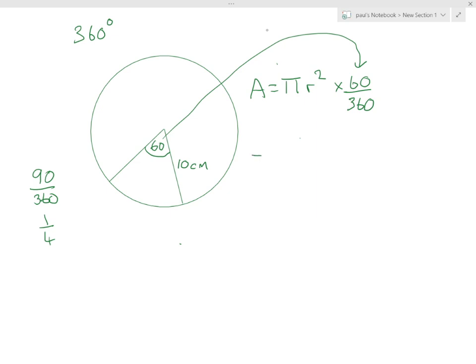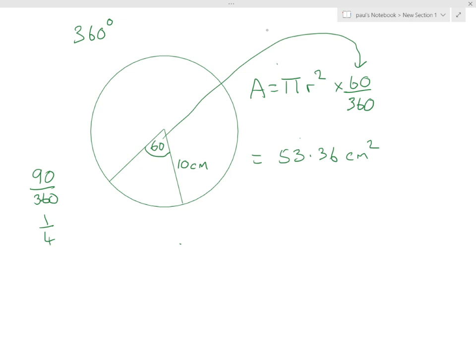So on the calculator, you can do it all in one go, no need to do bits and bits. So you've got pi times r squared, which is 10 squared, times 60 divided by 360 equals, and that will be 53.36 centimeters squared.